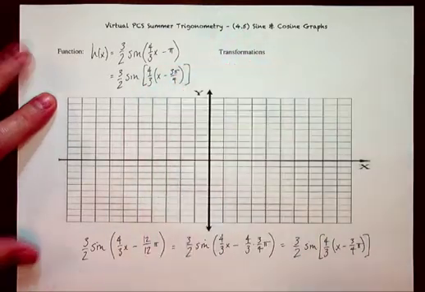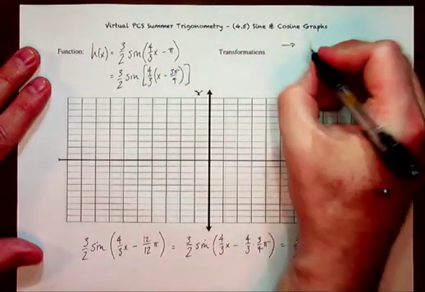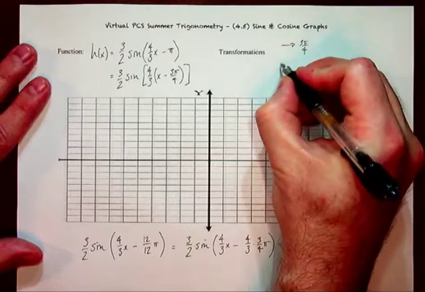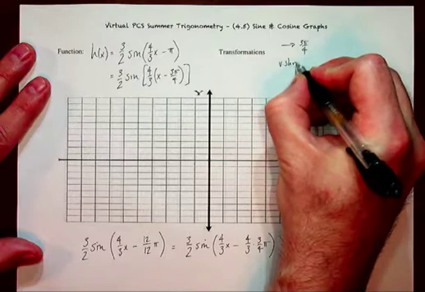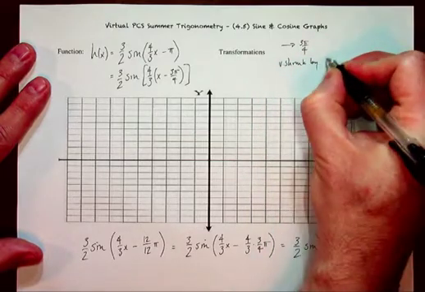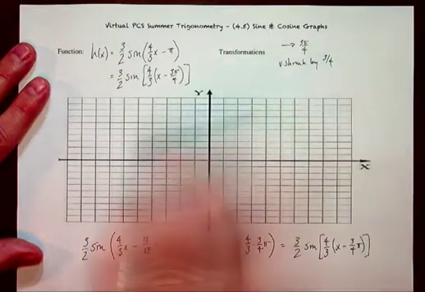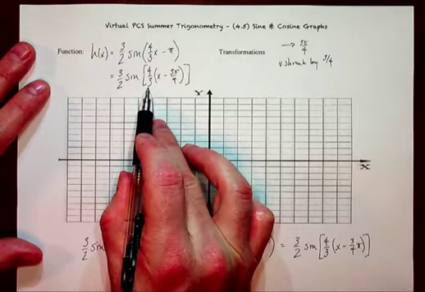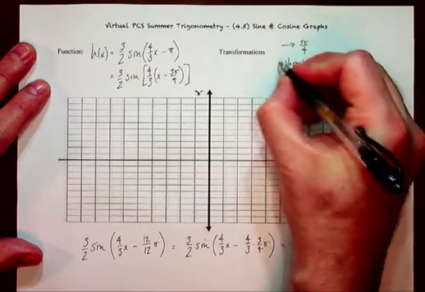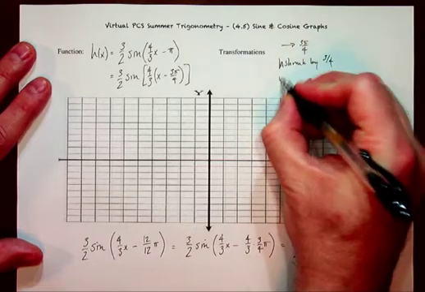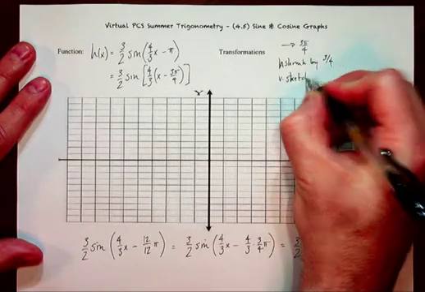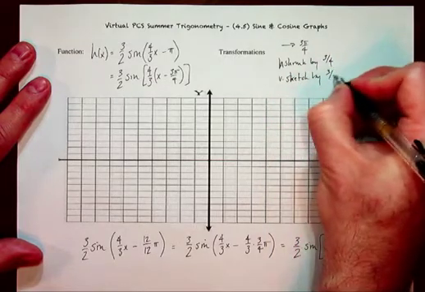And this tells us that we want to move it to the right, 3 pi over 4. Okay, that tells us that we want to horizontally shrink by 3/4, right? And vertically stretch by 3/2.